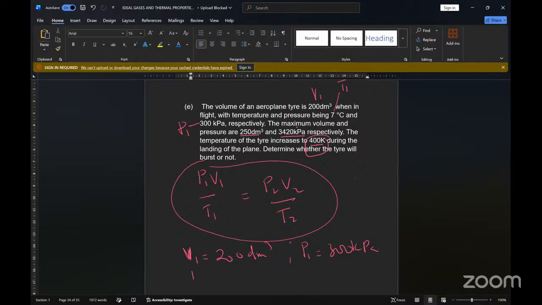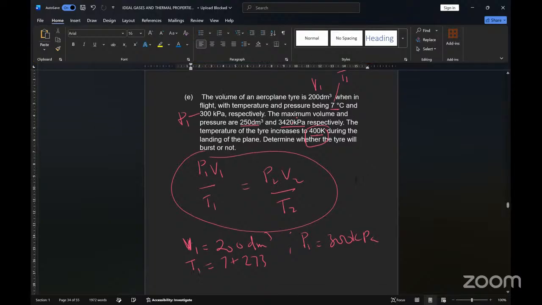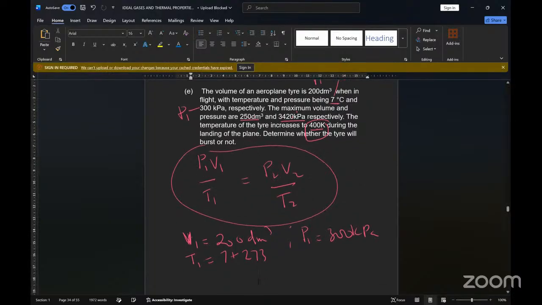And our temperature here is 7. So T1 is 7 plus 273, which without using a calculator, we can quickly see is 280 Kelvin. So we have our V1, we have our P1, we have our T1.